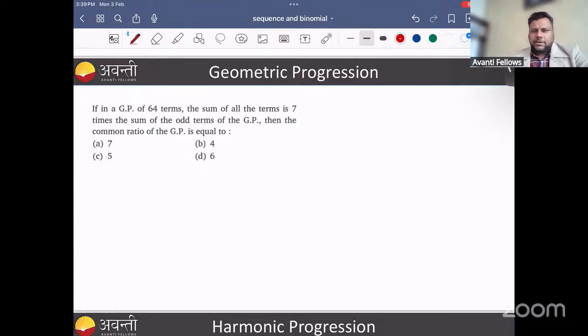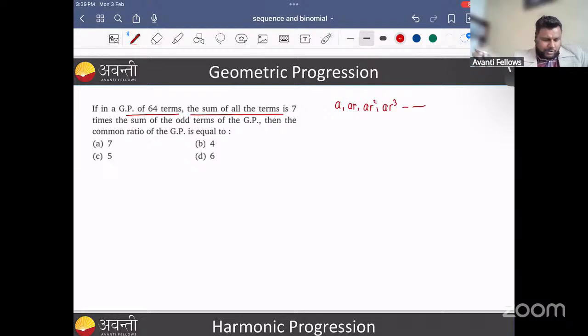All right. Nobody. Nobody means nobody. Very bad. I expected at least a few of you to do it. Now see, in a GP of 64 terms, they are saying the sum of all the terms, so let us assume GP is A, AR, AR square, AR cube, and so on.